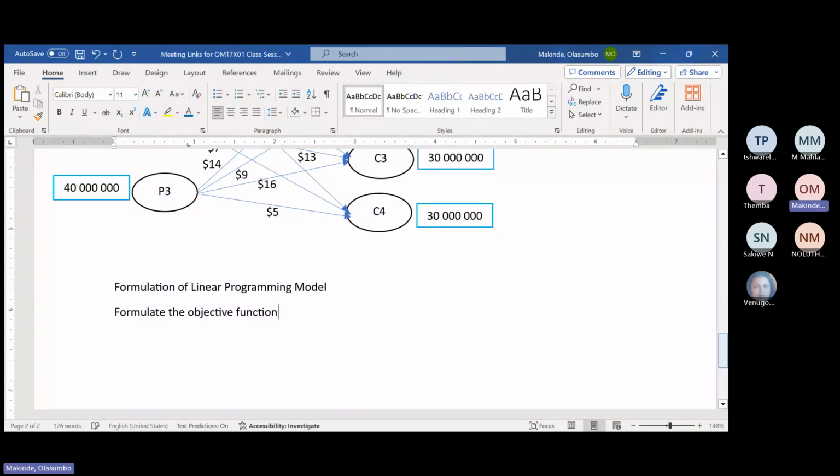When we talk about objective function, what are we talking about? What are we trying to achieve from this transshipment problem? If you go back to the problem, if you read the statement there, they said formulate an LP to minimize the cost. So you can see the objective is to minimize the cost. Any transshipment problem, definitely, we want to minimize the cost of shipping.